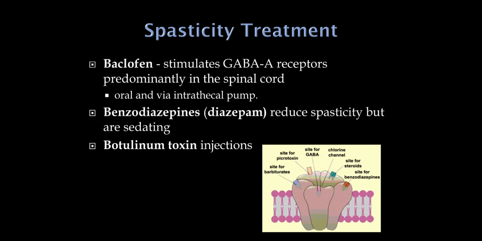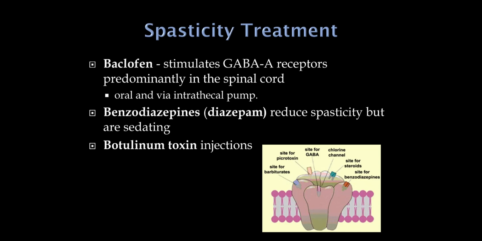Medications which can help for spasticity. Again, this is an upper motor neuron condition, so we have increased tone, and baclofen is a medication that acts on GABA receptors. GABA, recall, is an inhibitory neurotransmitter, so if we increase the activation of that in the spinal cord, it helps to relax muscles.